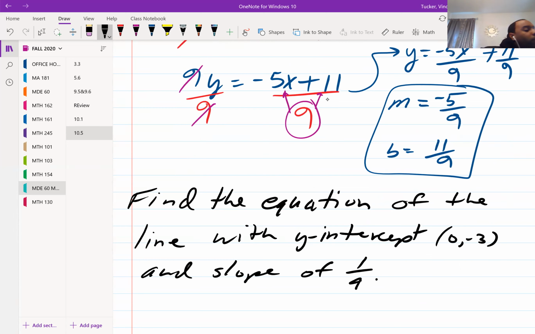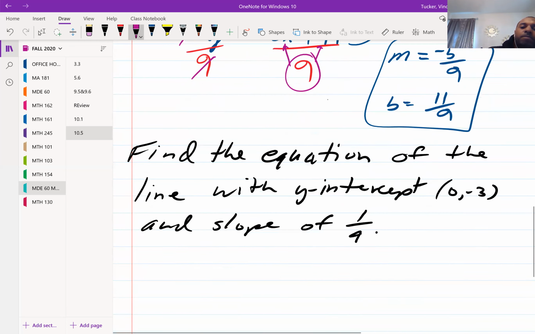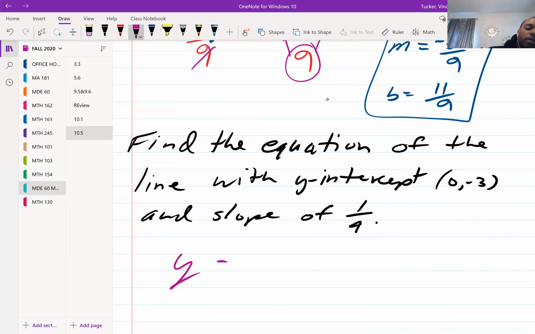All right, so here we're going in the opposite direction. Before, we had the equation and we found the slope and y-intercept. This time they give us the slope and the y-intercept and tell us to find the equation. It's still a simple process.